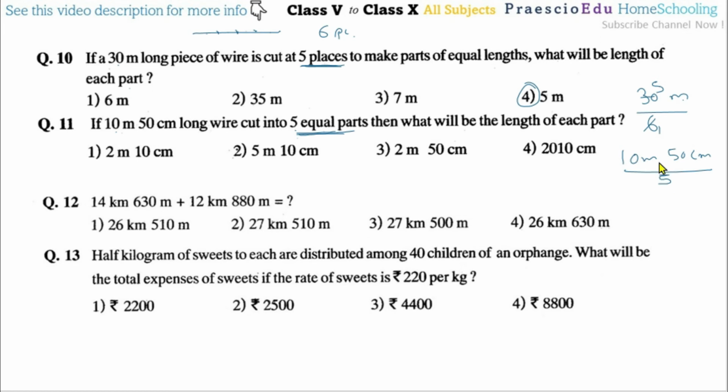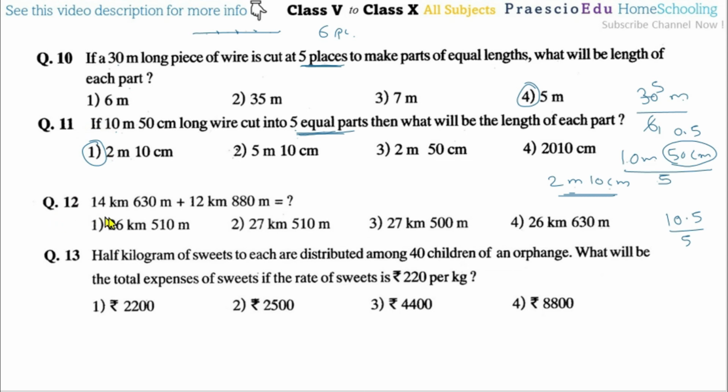We can divide separately, or in decimal. 50 centimeter is equal to 0.5 meter, and with the 10 meter, after addition it is 10.5, then divided by 5. Or we can keep them separate: 10 meter divided by 5 is 2 meter, and 50 centimeter divided by 5 is 10 centimeter. This is also a way, but since the options are in meter and centimeter, we will write it in meter and centimeter. So this is given in option number 1.